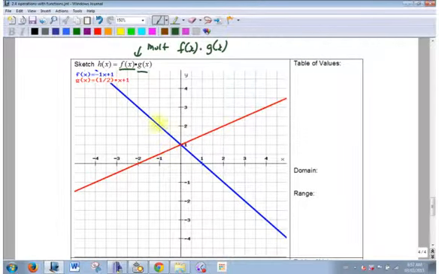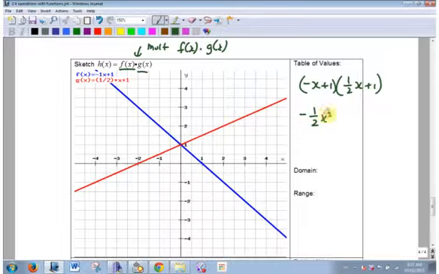Let's pretend I found the equations of these lines. Minus x plus 1, and I'm going to multiply them by 1/2 x plus 1. Okay? So it's kind of ugly because there's a fraction there, but here's what I get.